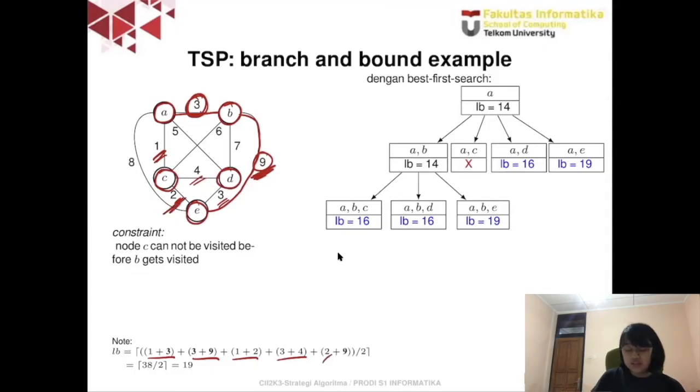Okay, so here we have 5 active leaves, and we want to know which one has the lowest lower bound.